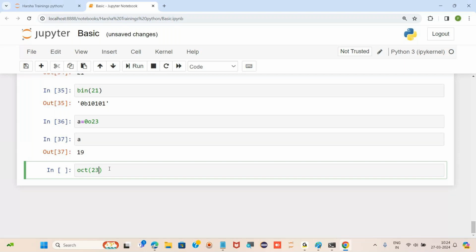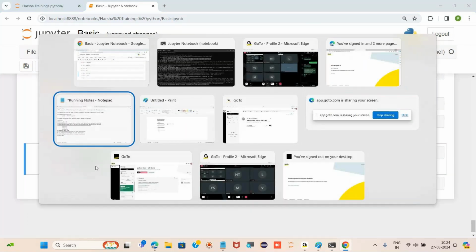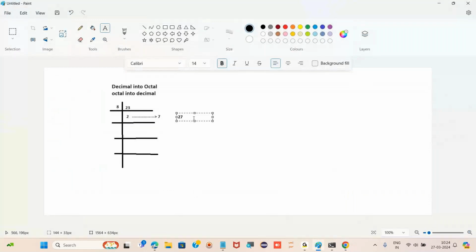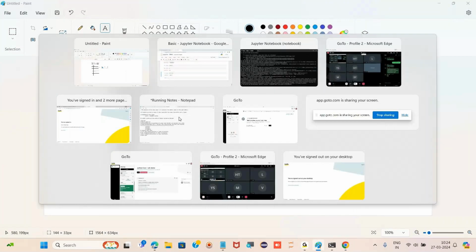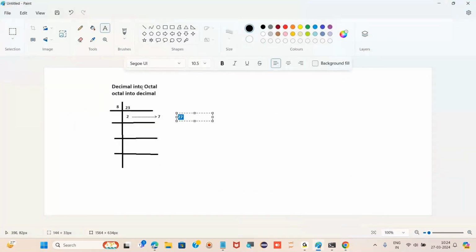That is nothing but 0 0 2 7. Here also, if you see the same thing, the value we are getting is 2 7, and in this case also 2 7 is coming. So this is how we can convert decimal into octal.